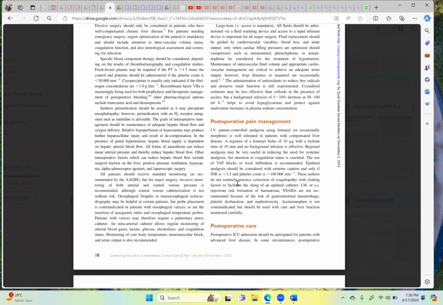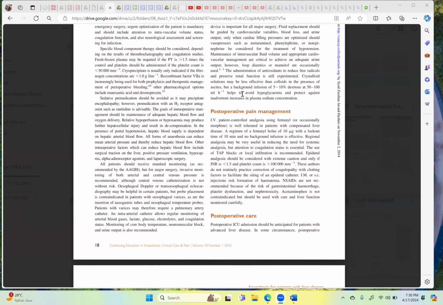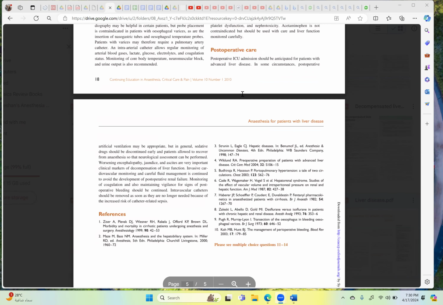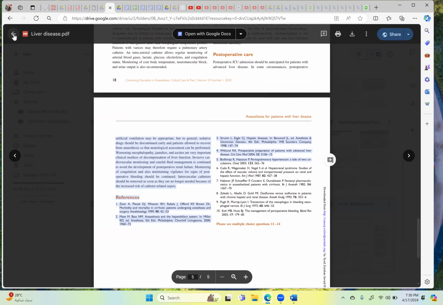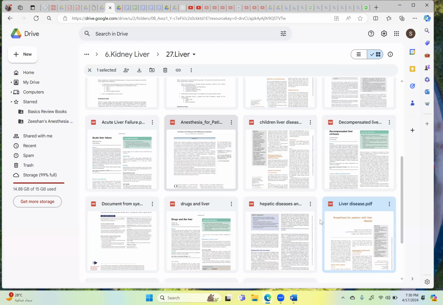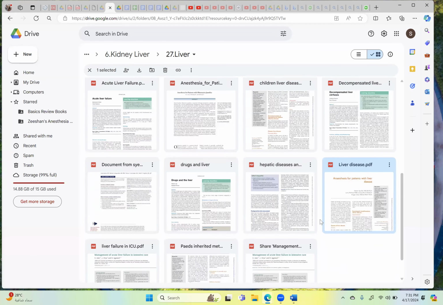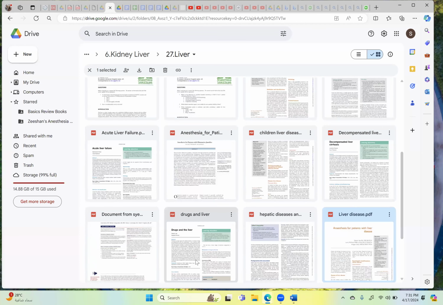Volume, intravascular volume, you have to carefully monitor the intravascular volume. Acute liver failure.